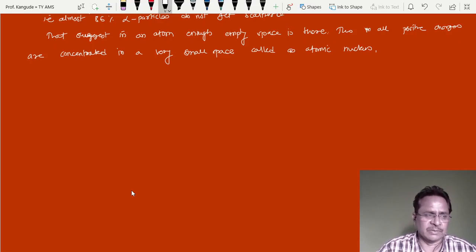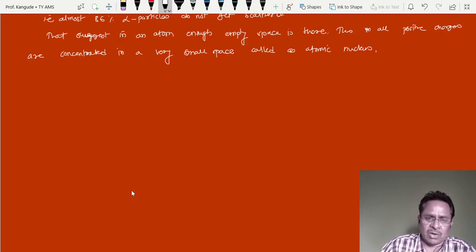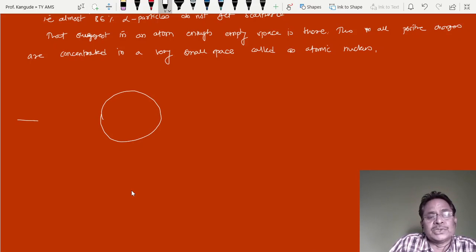His theory was that most of the positive charges are concentrated in a very small space. He called it a nucleus, and later on he went on finding the size of the nucleus on the basis of this. Suppose this is the nucleus, I'm drawing a very large picture, and this alpha particle is approaching from this side.